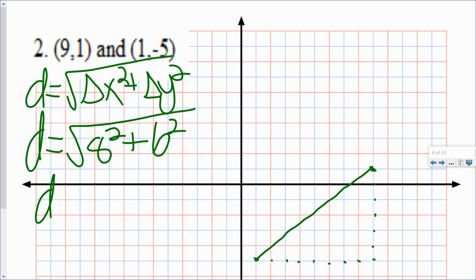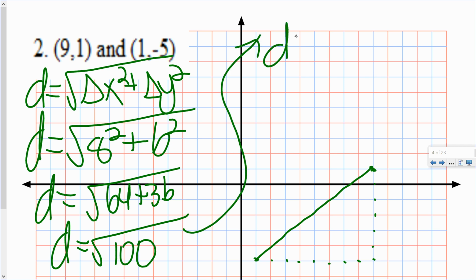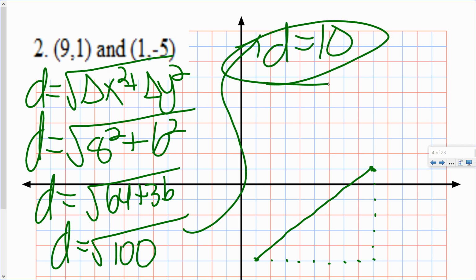From here, I just solve it. 8 squared is 64. 6 squared is 36. 64 plus 36 is 100. Square root of 100 is 10. And that's my answer. I'm just substituting into the formula. D equals radical delta x squared plus delta y squared.